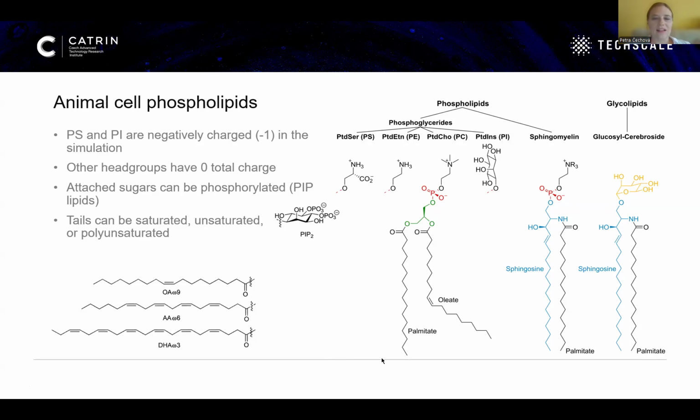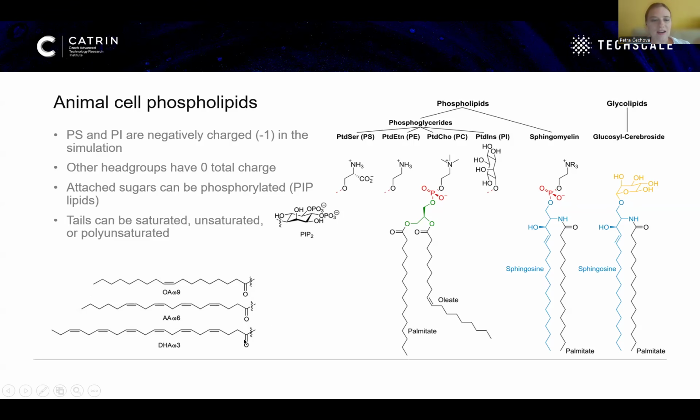And when we have a look at the tails, these are the 5 major tails that are present in the body. So you have palmitic acid, which is straight and it's saturated. So it points down straight. In contrast to the oleic tail, which has this double bond, which makes it point to the side.